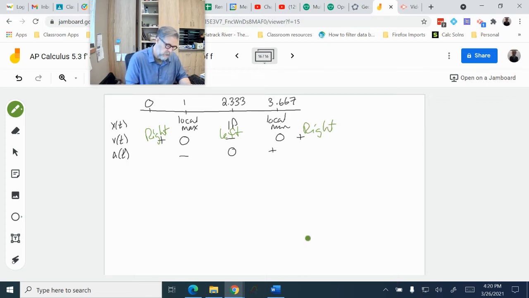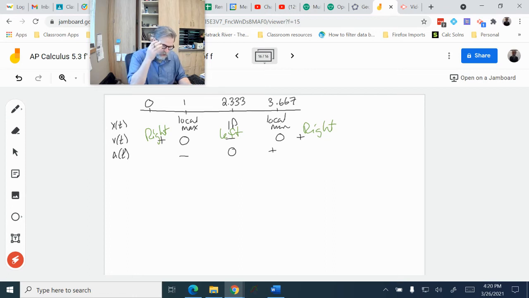Notice it moves to the right until it reaches a local maximum value, and then it moves back to the left for a while until it reaches a local minimum, and then it moves back to the right again.